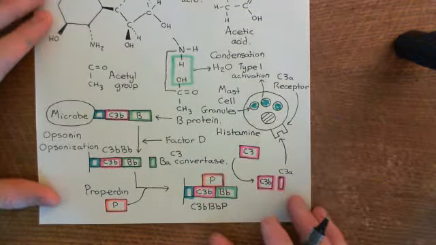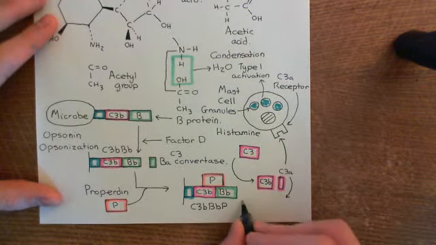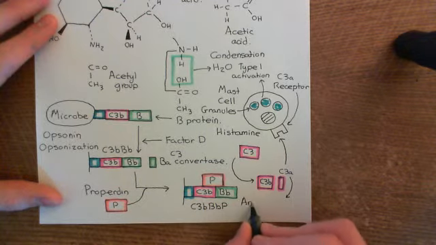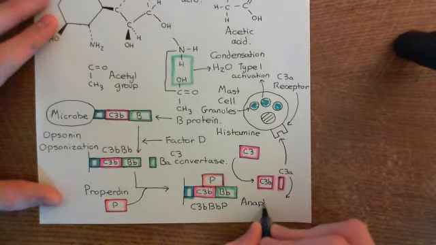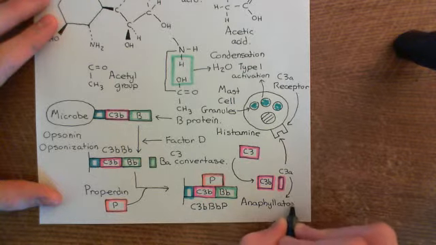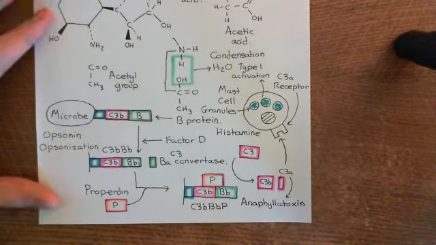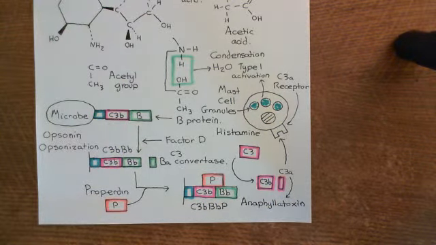Now, C3A, as I said earlier, is known as an anaphylatoxin, and this is because of its role in anaphylactic shock. Anaphylactic shock is when, let's say, for example, it's a really severe allergic reaction. It's what's incredibly dangerous about allergies. It's the potentially fatal result of a severe allergic reaction.